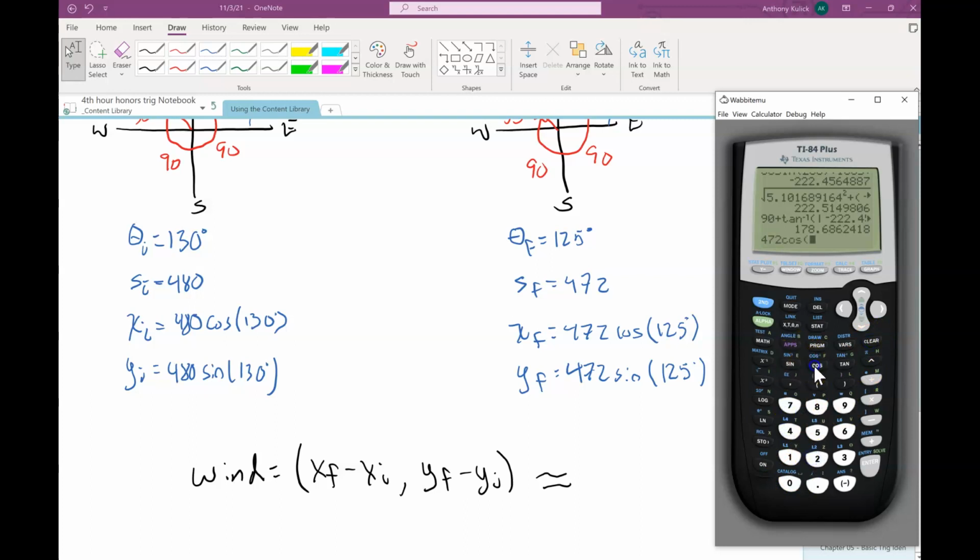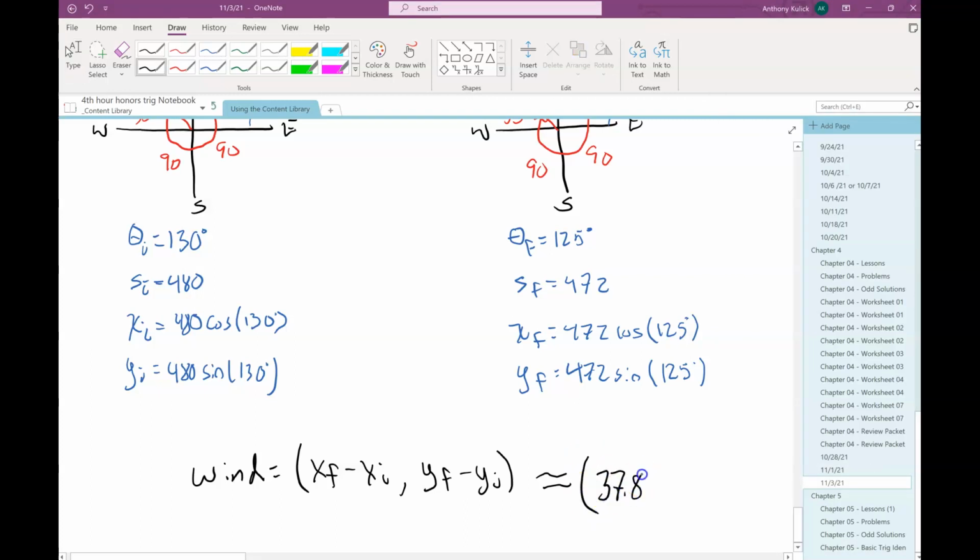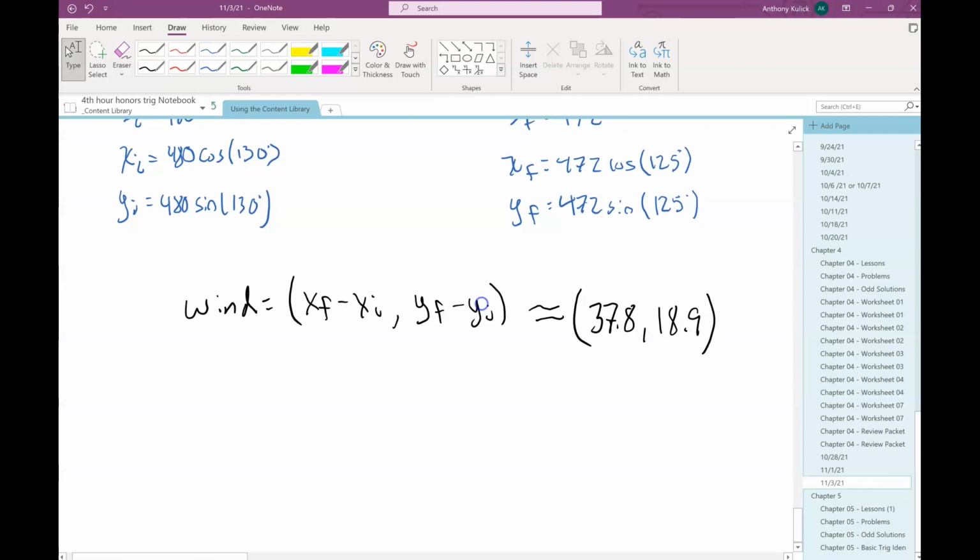Final minus initial. So that's 37.8 and then 18.9. We'll graph where that is.